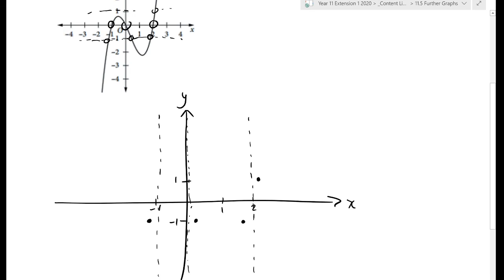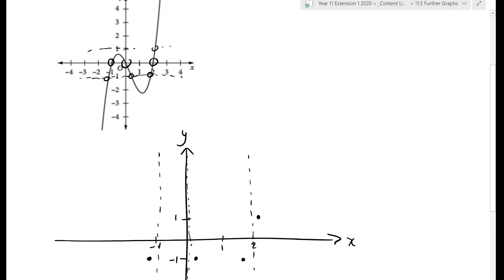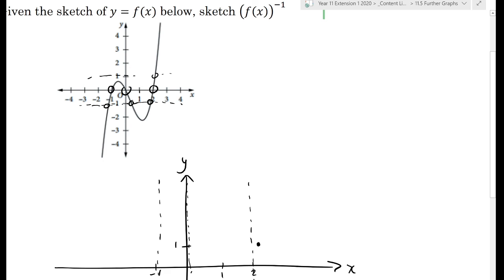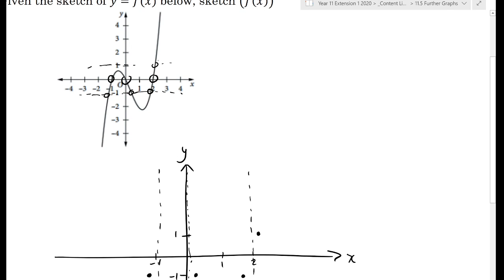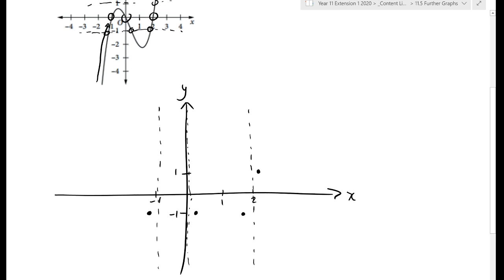Now we're going to look at the increasing and decreasing. Remember, when my function is increasing, my reciprocal is decreasing, and vice versa. Starting from left to right, this one is going up, it is increasing. So my reciprocal on this side is going to be decreasing like that, if I could draw it better.